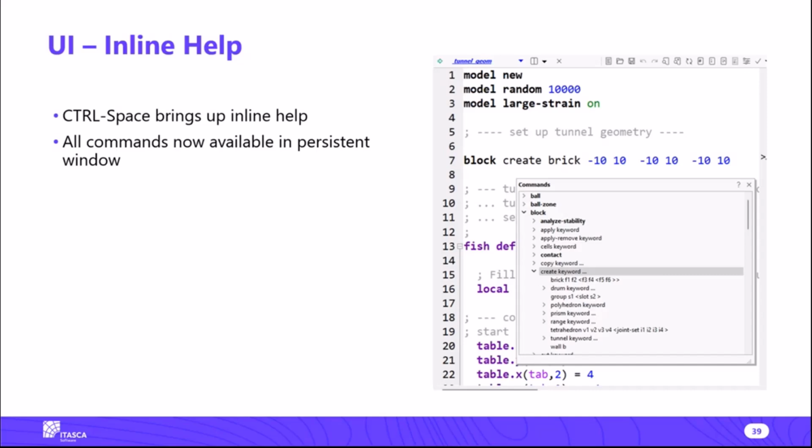What's new in version 9 is that instead of just showing you the keywords that go with what you typed, it shows you all the possible commands. So I can scroll up and down in this window and see all the possible commands that I could use. Also, this window is now sticky, so you can just leave it sitting there and keep on doing your typing and then look at what commands are available. And also you can just click on one of these commands and hit F1 and it takes you to that section of the manual, which is super useful.